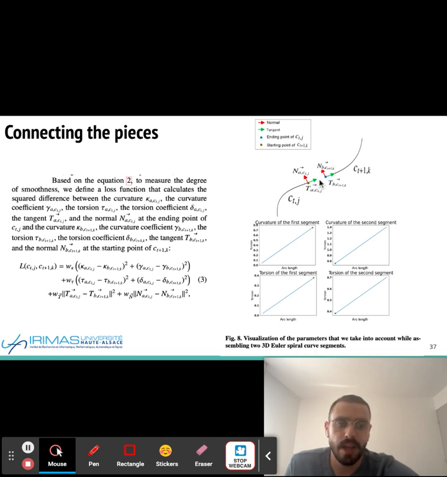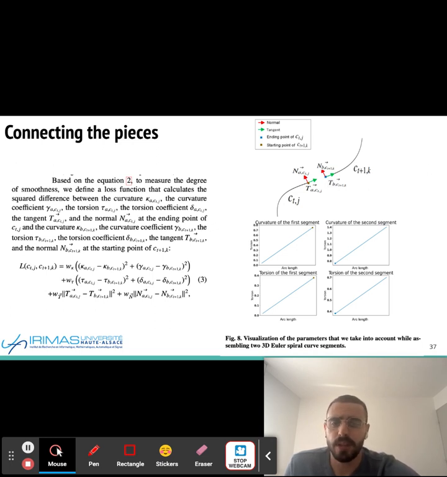As you can see here in this figure, by degree of smoothness continuity we mean how smoothly two candidates link to each other. Based on the equation to measure the degree of smoothness, we define a loss function that calculates the squared difference between the curvature coefficient, torsion coefficient, tangent, and normal at the ending point of the first curve and the starting point of the second curve.